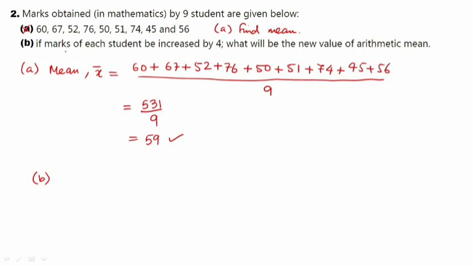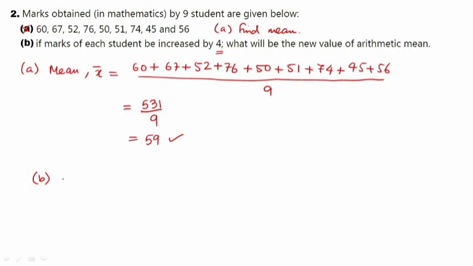Now here you're finding that each student's marks is increased by how much? By 4. That means each observation is getting added by 4, right? That means the value of the new mean will also be increased by 4.